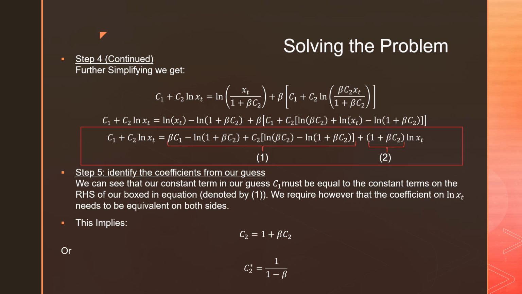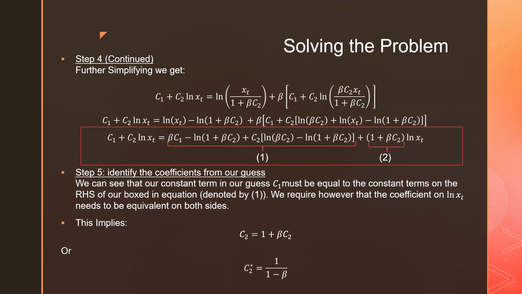I have some algebra over here, but I just want to point out these 2 points, point 1 and point 2. We can see that our constant term C1 must be equal to the constant term on our right-hand side in order for this equality to be true. So C1 is going to be equal to 1. And we require that our coefficient on ln xt needs to be equivalent on both sides.